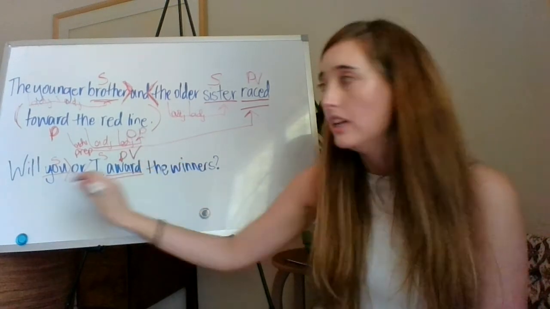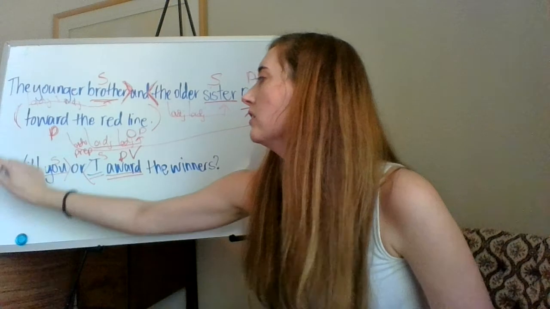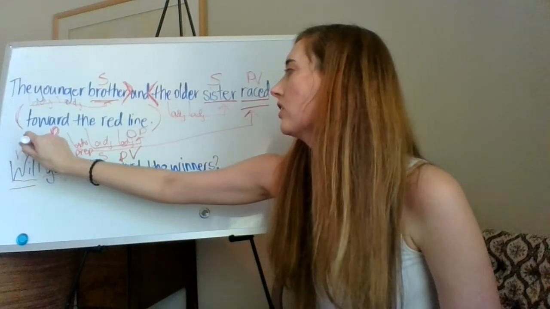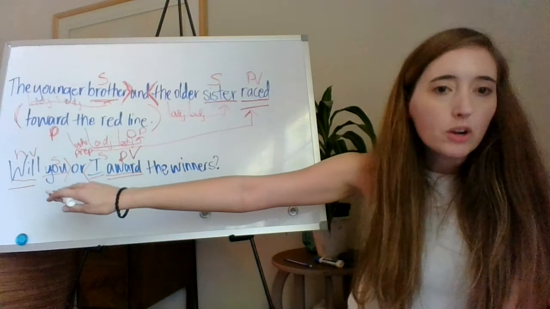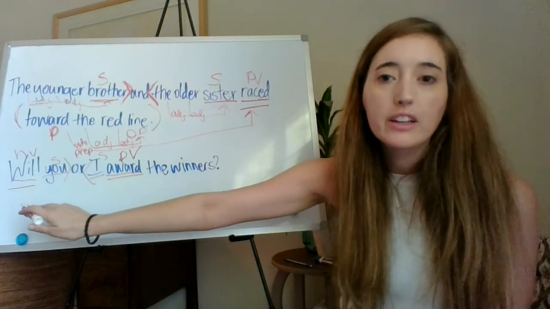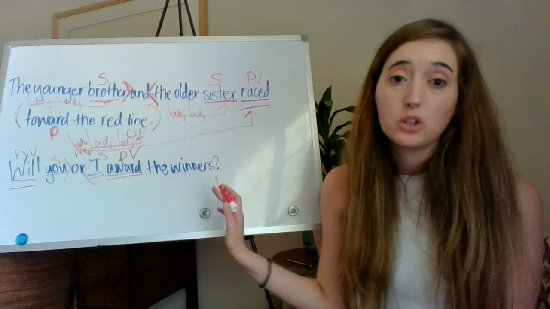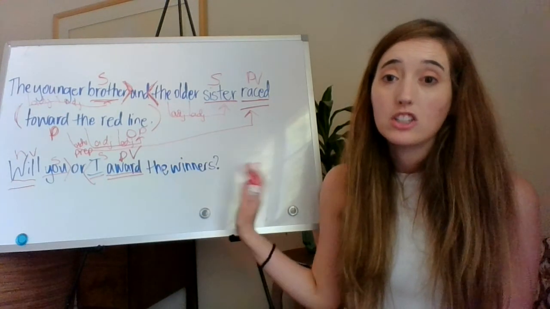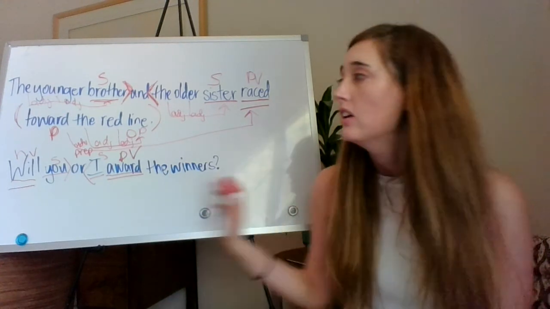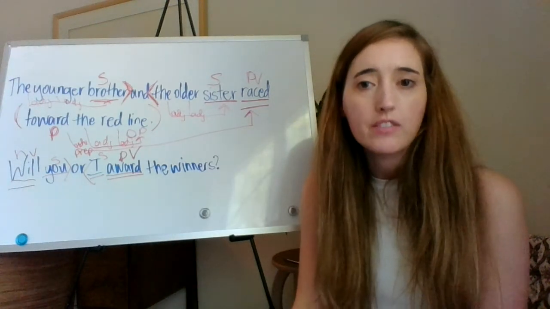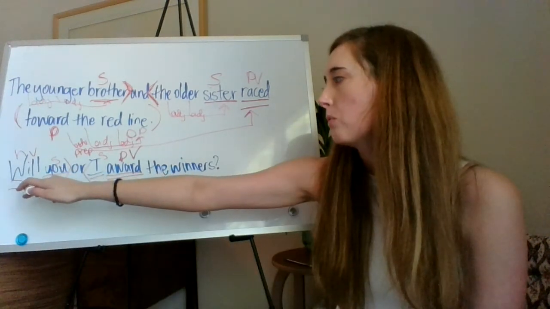What else does it need? Helping verb will. This is not Will like the person. It's helping verb will. Helping verb will is often at the beginning of question sentences, interrogative sentences. Okay, so seeing that question mark at the end would help you hopefully to see this probably starts with a helping verb. So this is helping verb will.